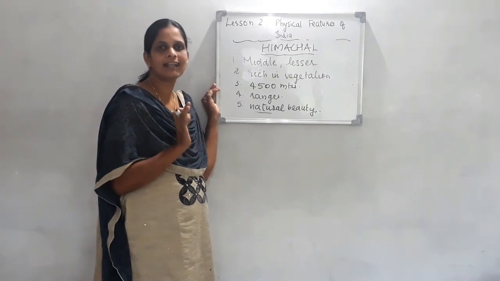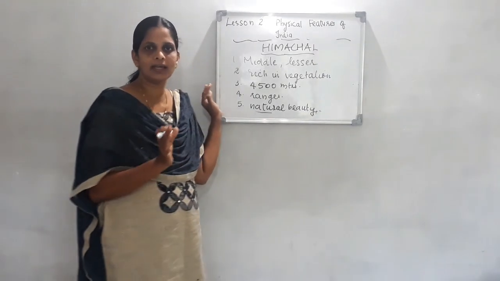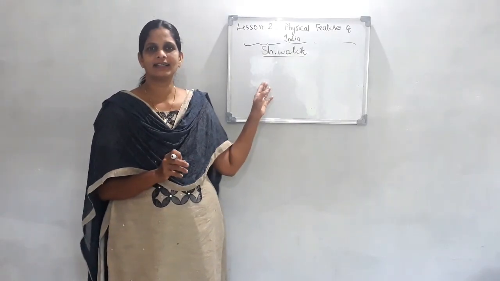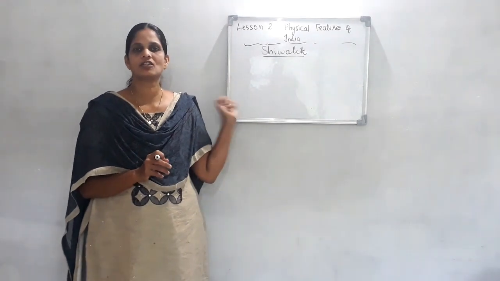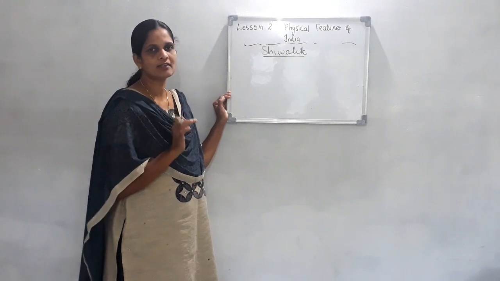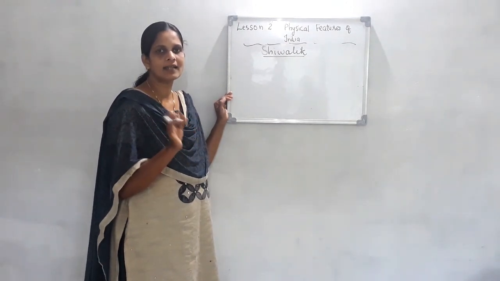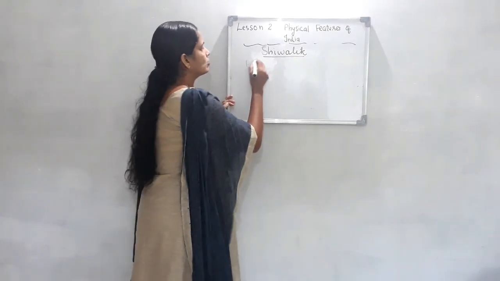The last topic in the physiographical division is Shivalik. What are the features of Shivalik? Which part of the Himalaya does Shivalik lie in? It's very clear that Shivalik lies in the southern part of the Himalaya.